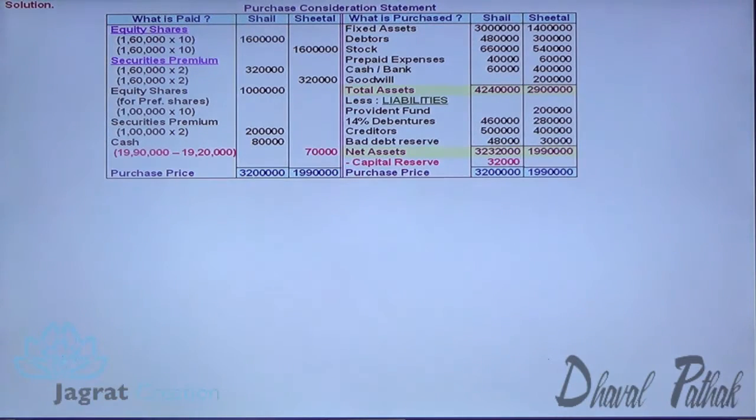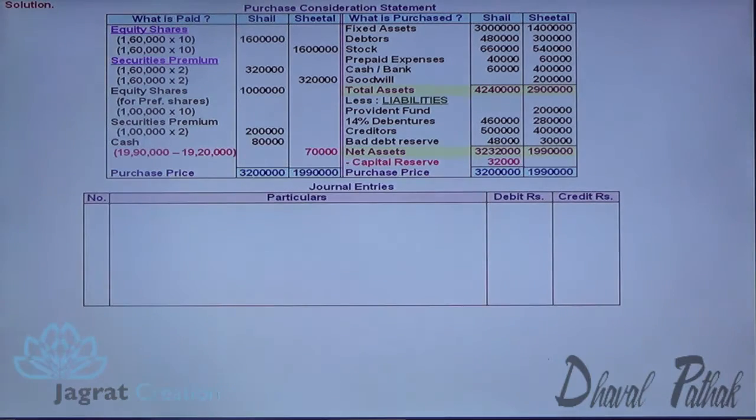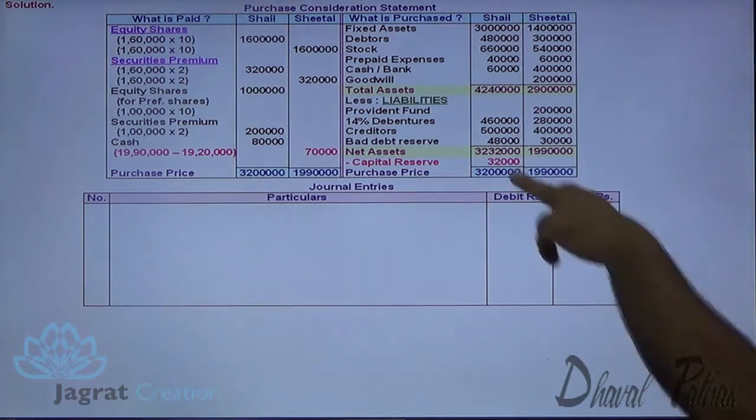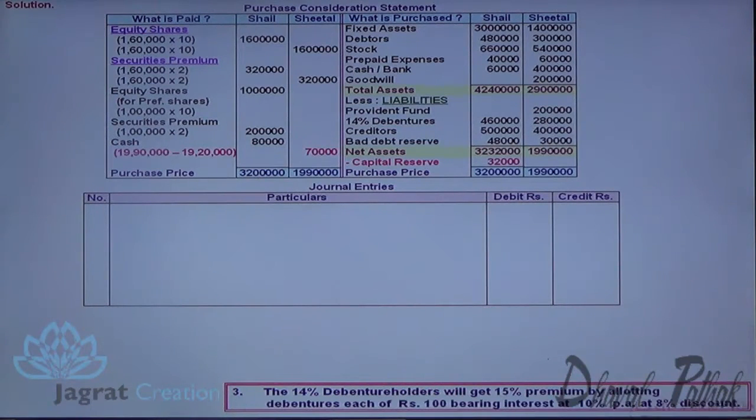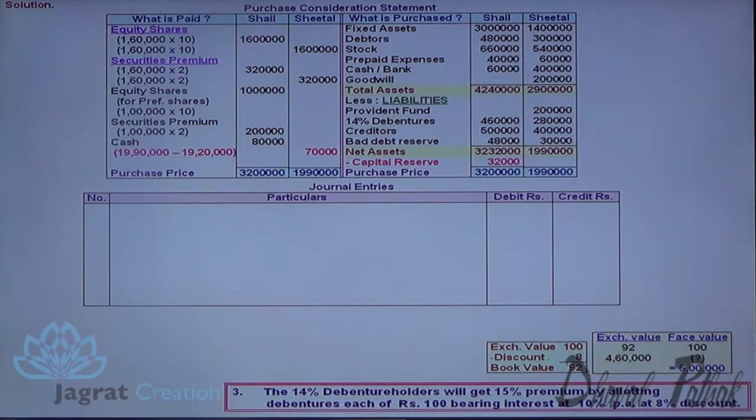Now after recording the journal entries for purchase of business, let me write down the remaining entries for conversion of 14% debentures to 10% debentures. For that, these working notes you have observed. When the debentures were given to the debenture holders of Shail Ltd, 40% debenture discount granted was 40,000.